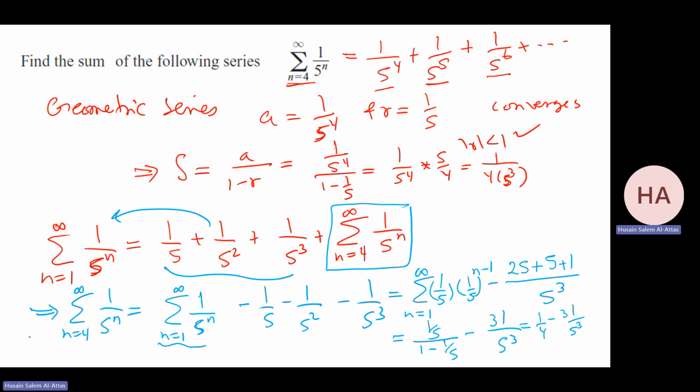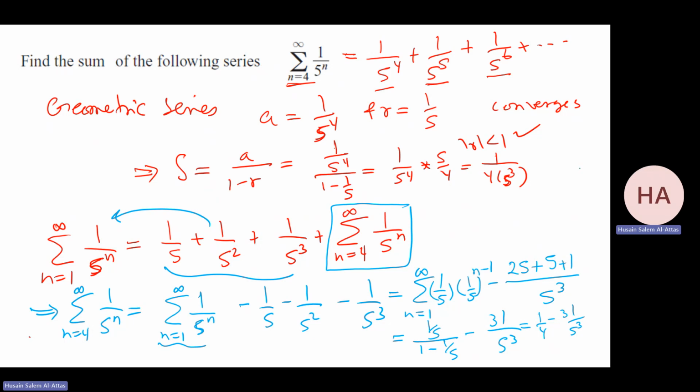The summation of 1 over 5 times 1 over 5 to the power n minus 1. So A equals 1 over 5. I have 1 minus 1 over 5, that will be 4 over 5. So that's 1 over 4. And this one, I took 5 cubed as a common factor: 25 plus 5 plus 1, which is 31.